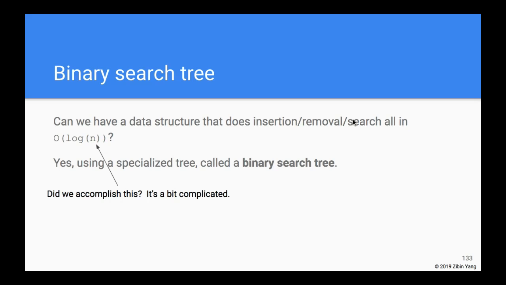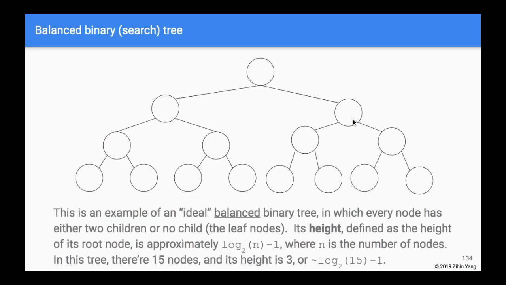Well, the answer is slightly complicated. So let's look at a balanced binary search tree first. In fact, this is a perfectly balanced binary search tree because every single node has two children except the leaf node, which has no children.